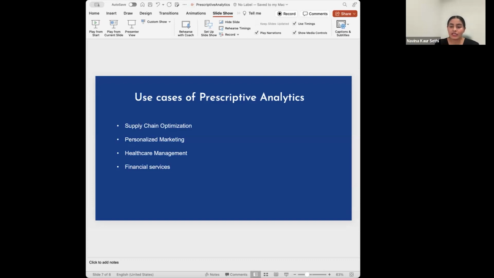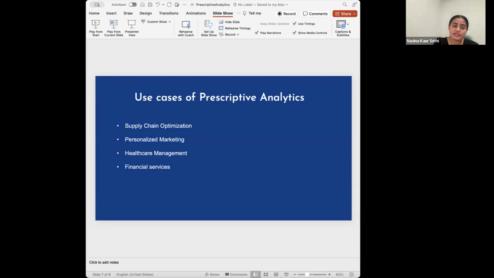In healthcare management, we can take the example of Mayo Clinic, which has leveraged prescriptive analytics to improve patient outcomes by analyzing a wide range of patient data and providing personalized treatments. It has improved operational efficiency in patient management.